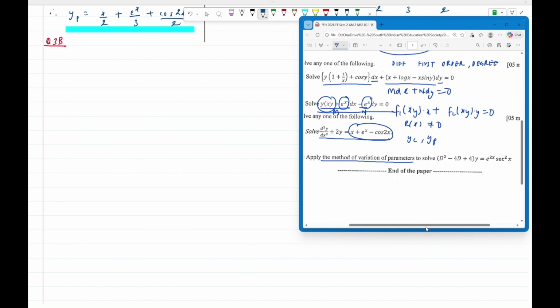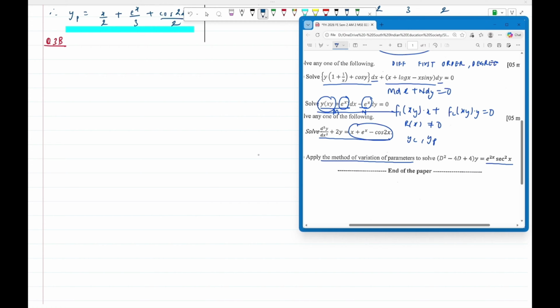You need to look at r of x, and r of x is none of the standard types that you have studied. It's not only exponential, it's not only sine, cos or hyperbolic sine, cos, and it's not only polynomial.